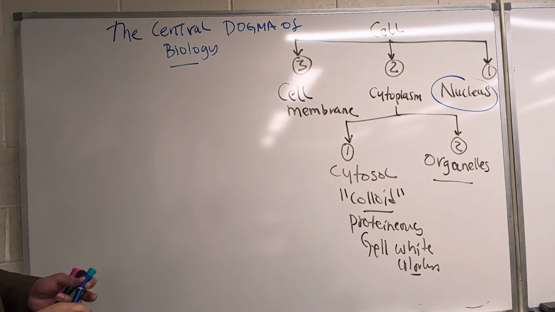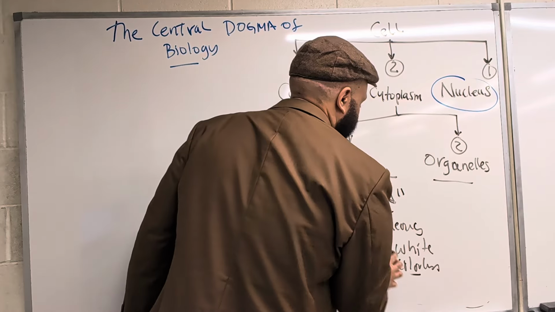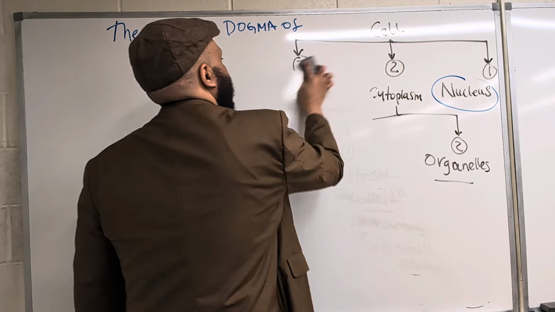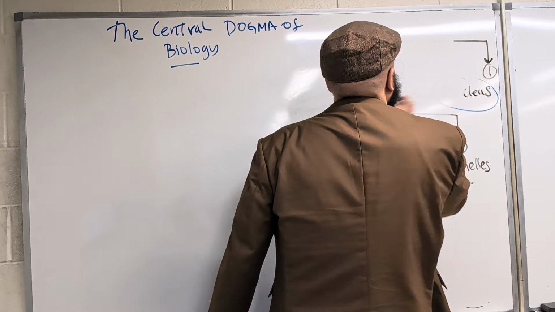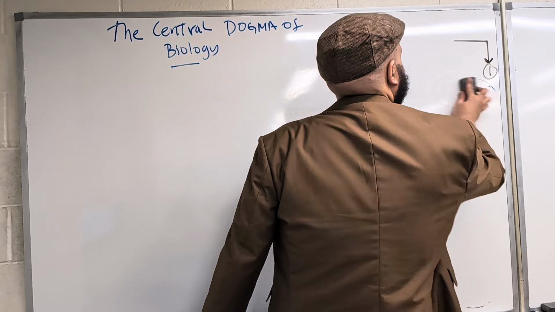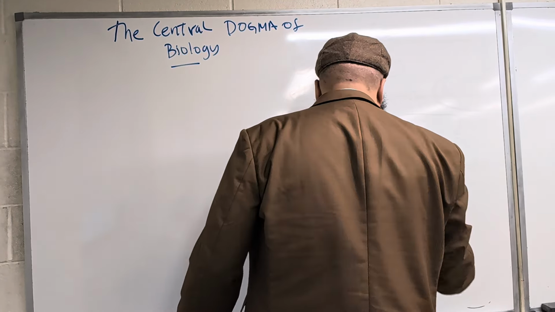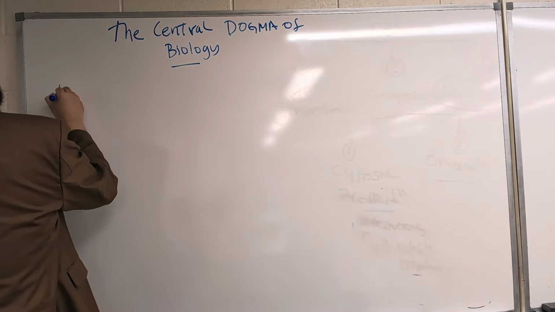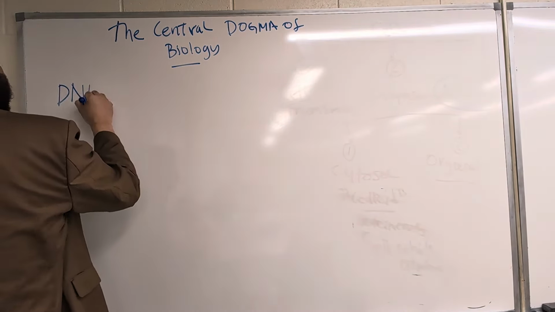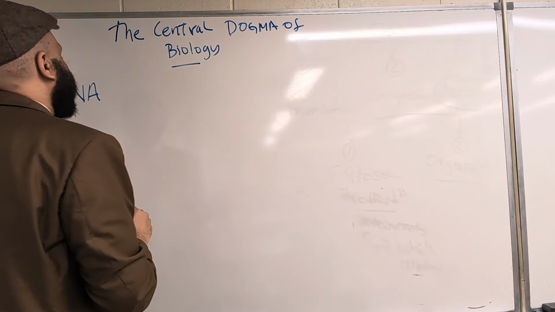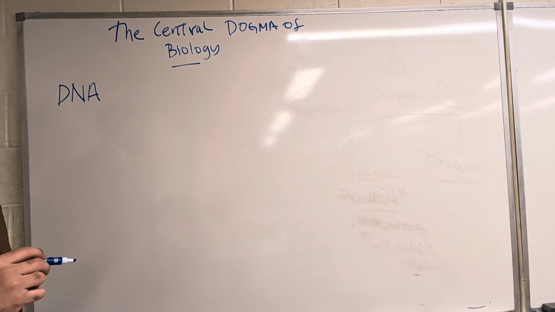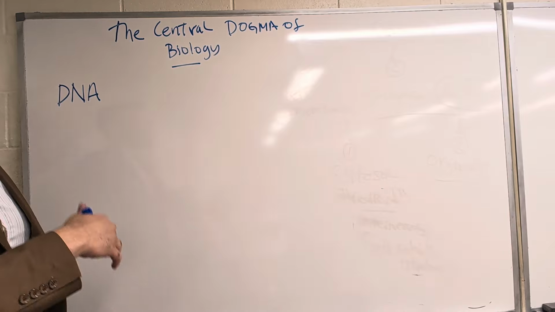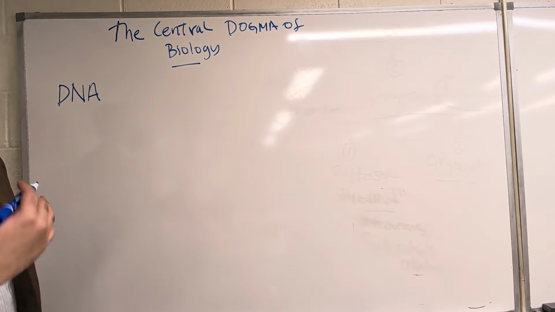The central dogma of biology, I'm going to erase this. The central dogma of biology is the track that enables us to obtain proteins. So we begin with the DNA. Where is the DNA located? Where do we find the DNA? On the plasma membrane, in the cytoplasm, in the nucleus?